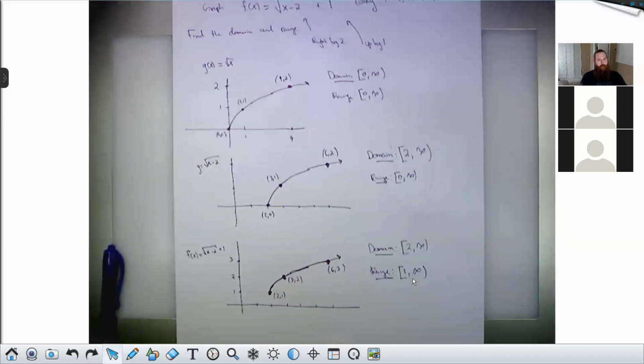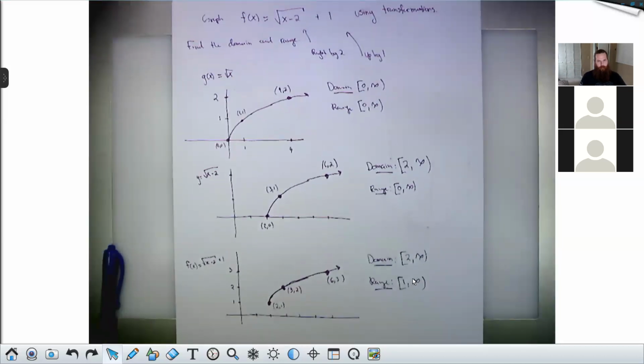So this is how we would graph that function using transformations. Start with the parent function, apply those transformations one at a time until you get to your final function. You always want to track a few points along the way. The rule that I have in this class is that you need to track at least 3 points through that whole process.